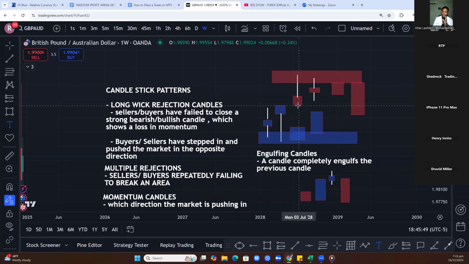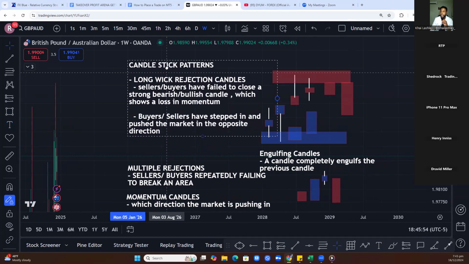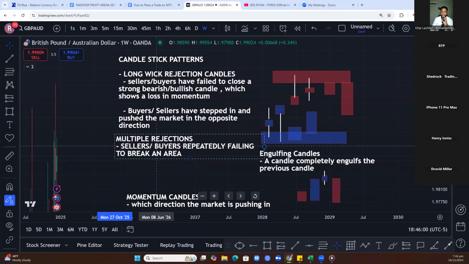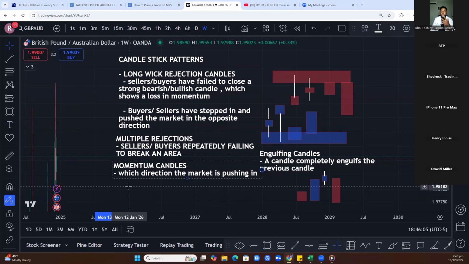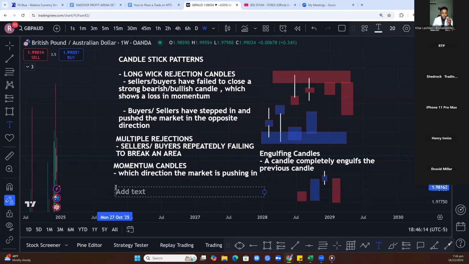the last one being shrinking candles. And simply what that is, that's when price is approaching your area, that zone, and what's happening is the candles start to get small, showing a loss in momentum.